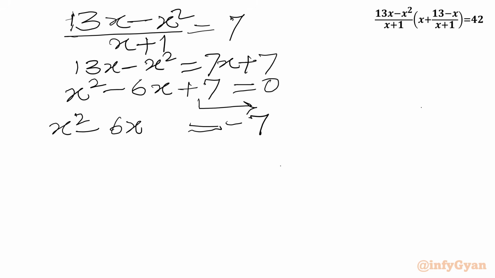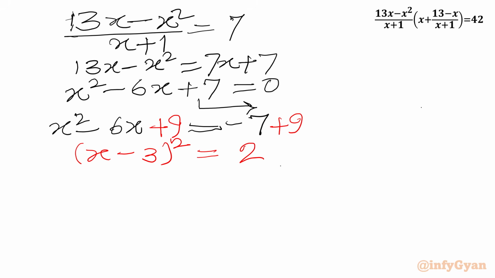Now we have the coefficient of x as minus 6, half of minus 6 is minus 3, square of minus 3 is 9. We will add 9 to both sides. Now LHS becomes (x minus 3) whole square and RHS is 2. We will take the square root on both sides and we will write x minus 3 equal to plus minus square root 2.